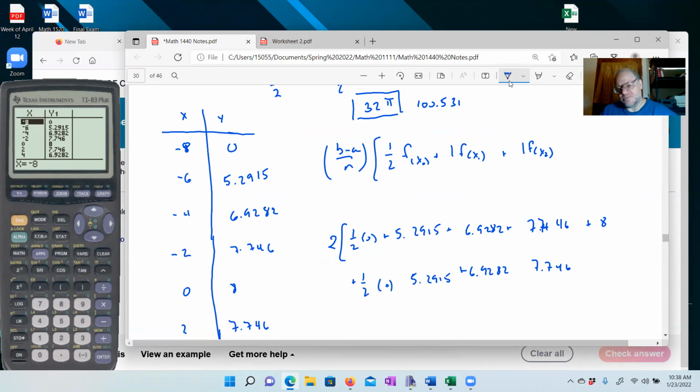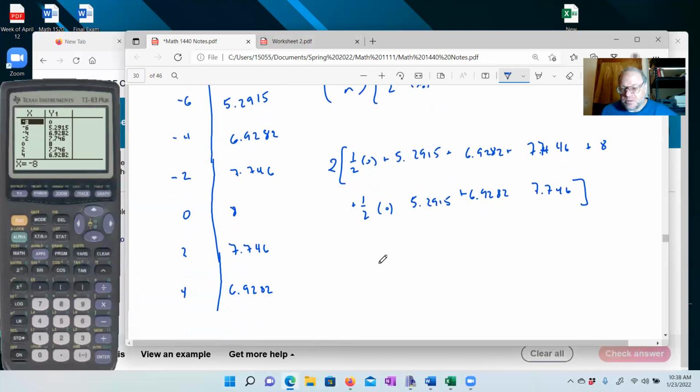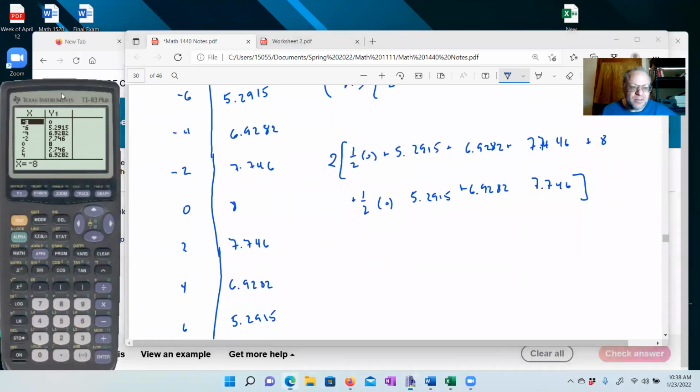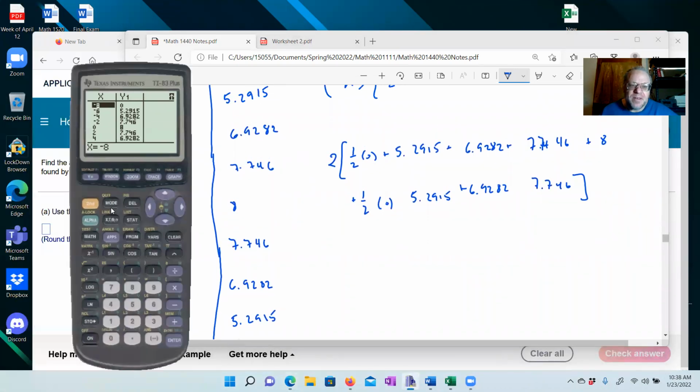Because it's symmetric, I just wrote down twice all of these. Okay, and then we're just going to add these up, 1/2 times 0 for the beginning. All right, so that's what we're going to have. Best of luck adding this up here.